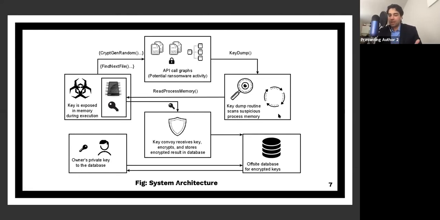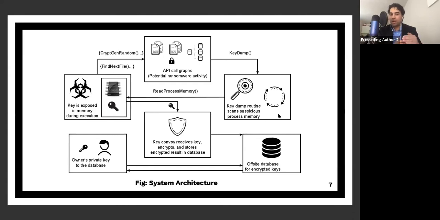As you can imagine, you can use any number of detection mechanisms in order to set off the trigger. In our case, we're using API calls. For example, CryptGenRandom combined with FindNextFile, those sorts of API calls look like something is going through the file structure, generating random secrets and using those to encrypt files.